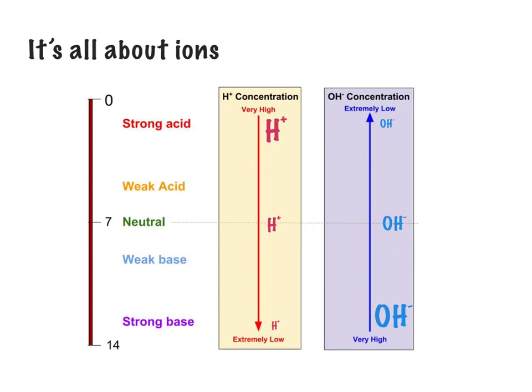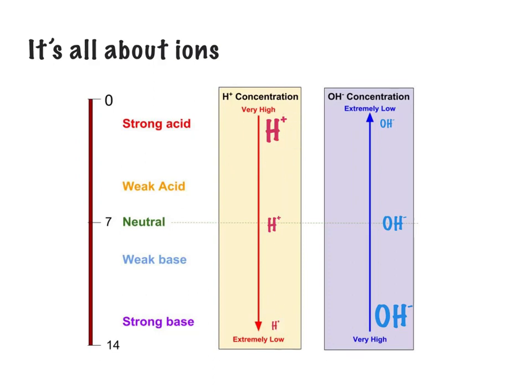So we can see that this pH scale is useful because it allows us to see if something's a strong or a weak acid or a strong or a weak base by its position on the pH scale. And then we can also see that it's related to the amount of H pluses on the scale.